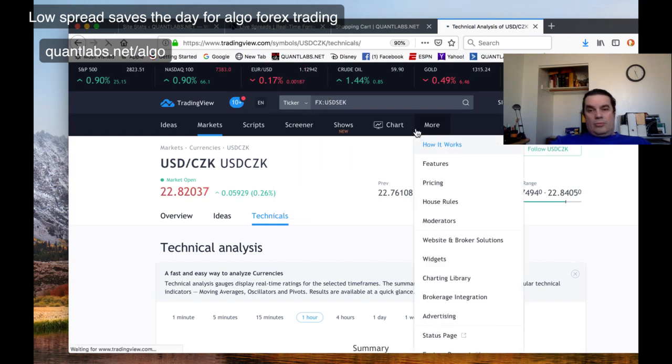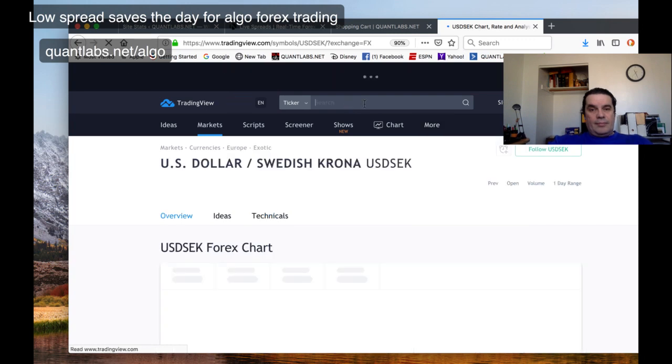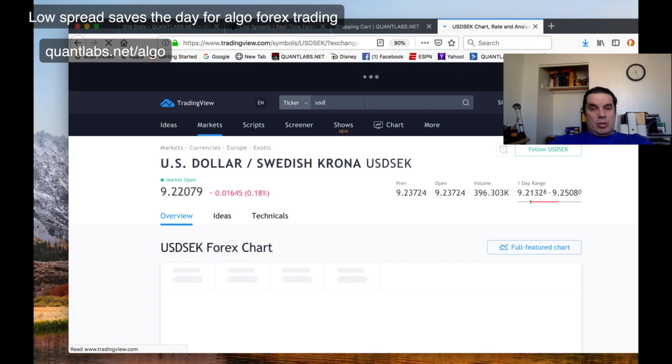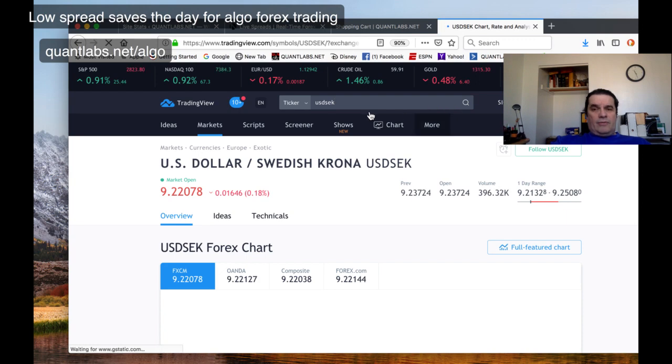Right here. Oh, that's not what we want. We want not FXCM. We want Oanda. Well, I don't know what's going on with TradingView.